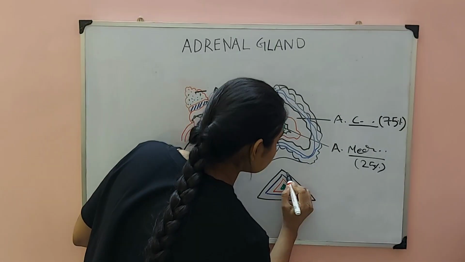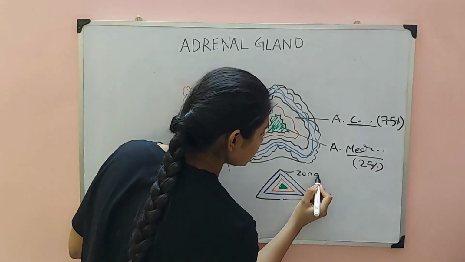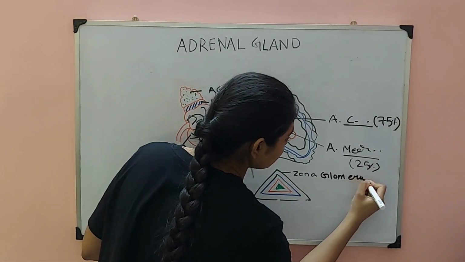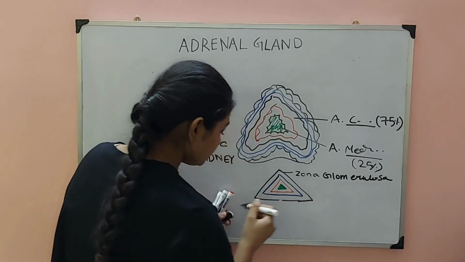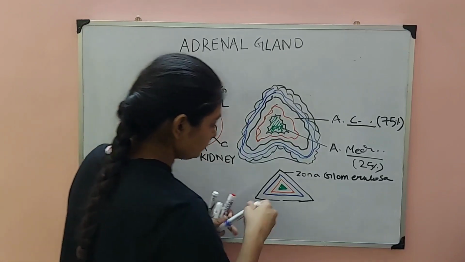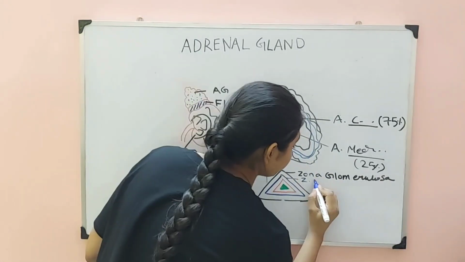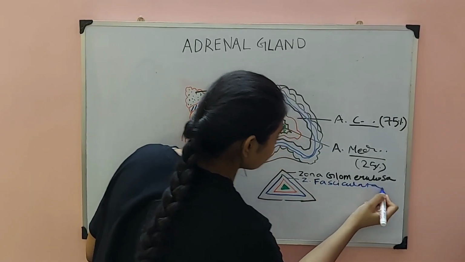The one in black, this is zona glomerulosa. Zona glomerulosa, alright. The middle layer, the one in blue, that's again zona fasciculata. Fasciculata.